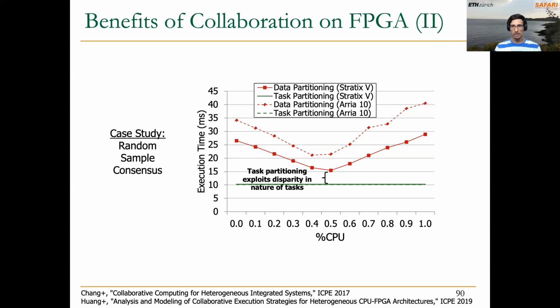So by specializing the devices for computation, with the CPU side running the sequential part, while the FPGA runs the data-parallel part, we can observe an interesting performance improvement, even if we explore all the different possibilities, all the different alphas for the data partitioning.